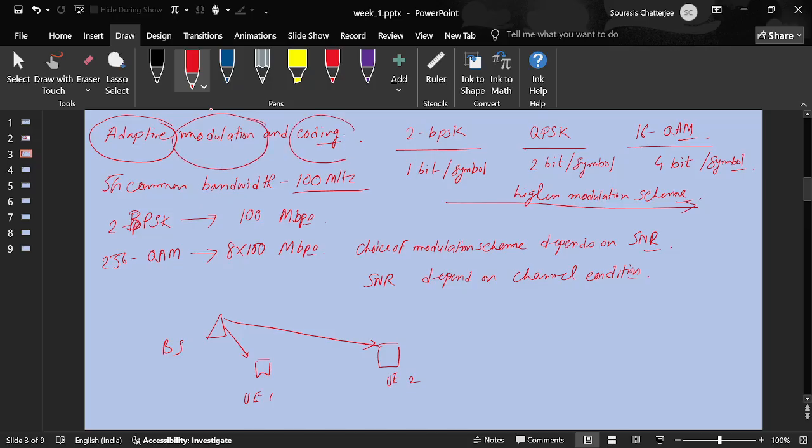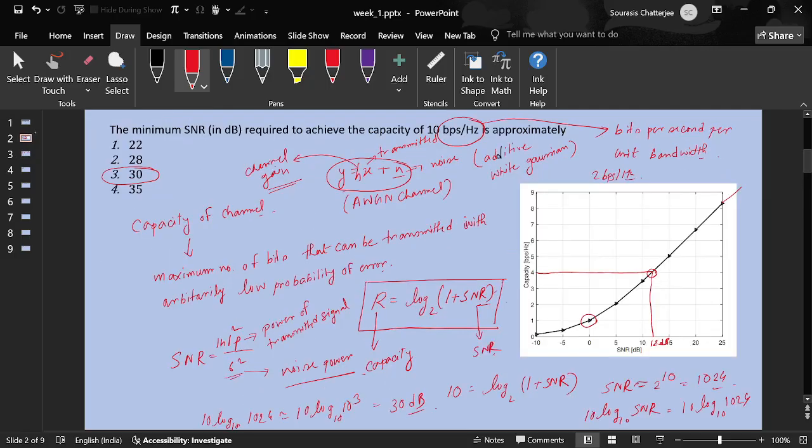What about this coding thing? How do you motivate the use of coding here? If I look at the capacity curve, we can say that 4 bps per hertz can be achieved at 12 dB. Similarly, 2 bps is achieved at 5 dB.